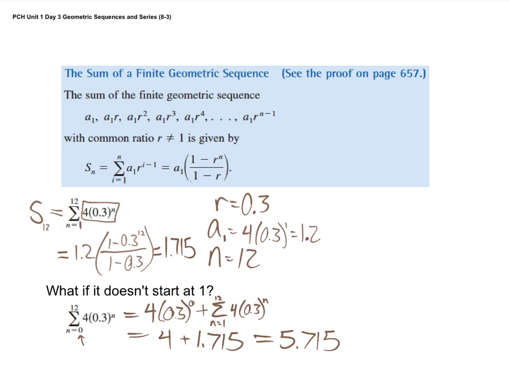Let's say you wanted to find the sum from n equals 20 to 25. If I want the sum from 20 to 25, what could I do, using my formula I already got?